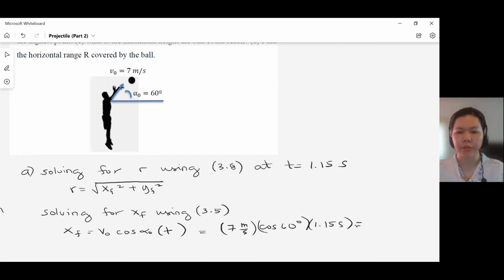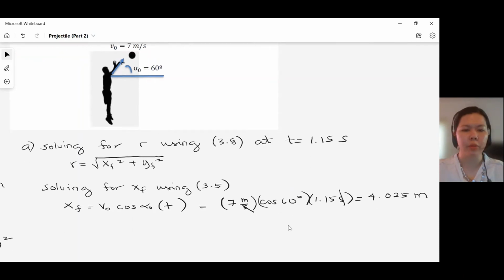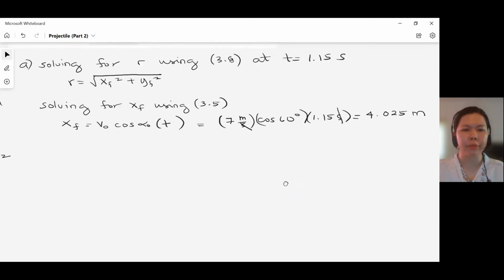You should get an answer when you execute 7 times cosine 60 times 1.15. You should get 4.025 meters. For the unit, second over second cancels, so we have meters. That's for XF. Now we solve for YF.